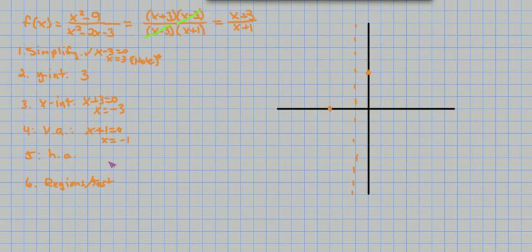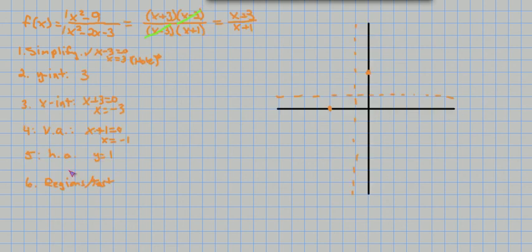Horizontal asymptote, we're back to the start here, second degree or second power over second power. So they're equal. So we're going to take a look at lead coefficient, which is 1 over 1. So y equals 1. So there is our horizontal asymptote. So far nothing out of the ordinary from the ones we've already done.